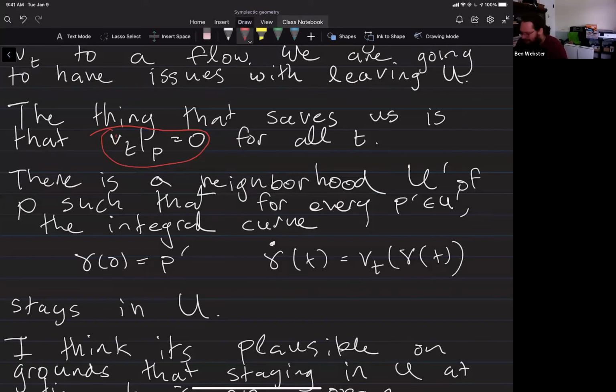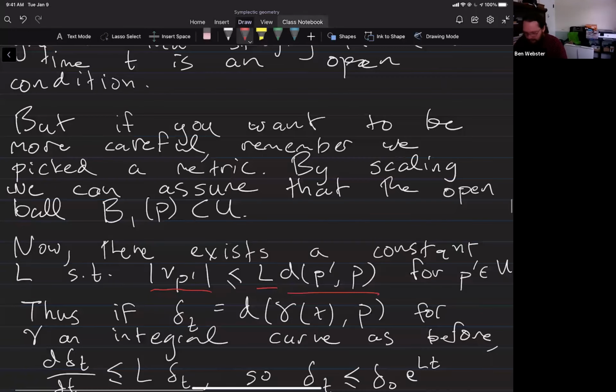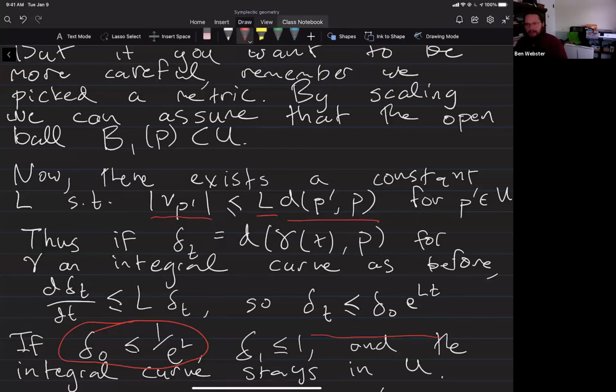And I'm sure an actual analyst would have felt much more comfortable making this argument. I had to think about it last night for longer than I should have, but I think it's correct that the way to think about this is the length of the vector field can't increase too quickly. And what do I mean by length? Well, again, I said I chose some metric, and it isn't going to matter which metric I chose. There's some upper bound, some L, such that the length of my vector can't be more than L times the distance from the origin.